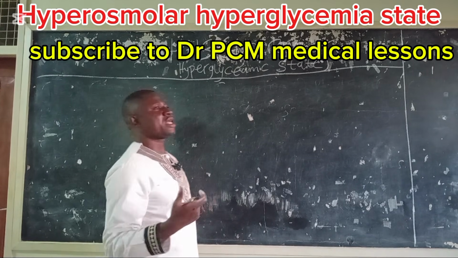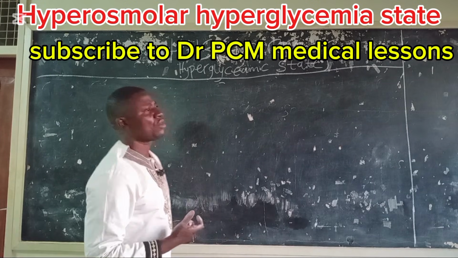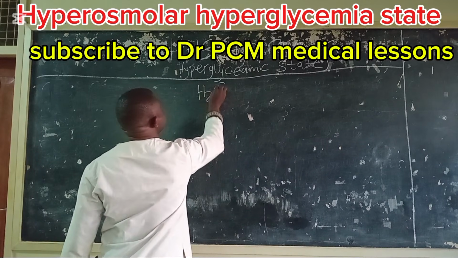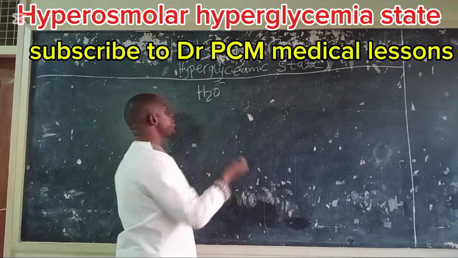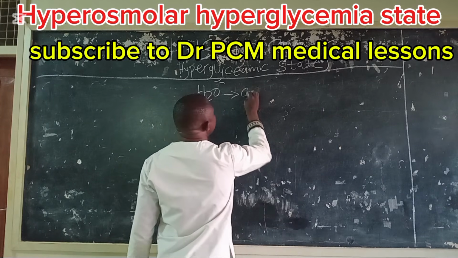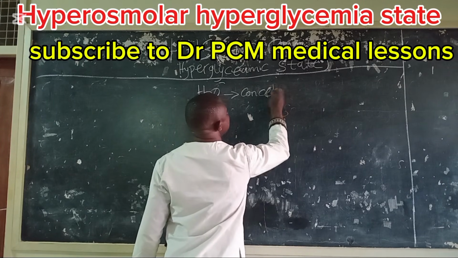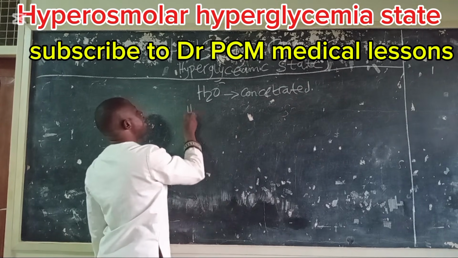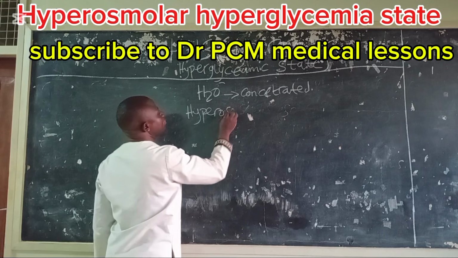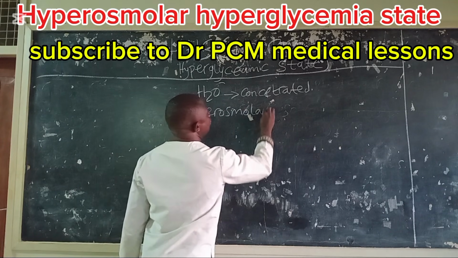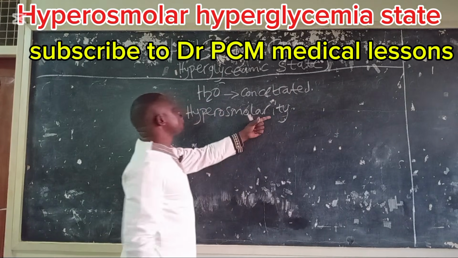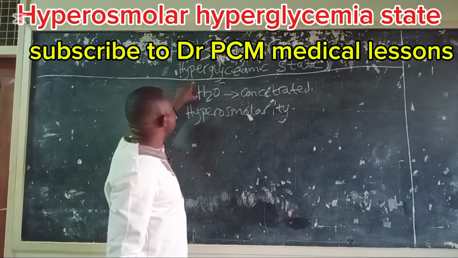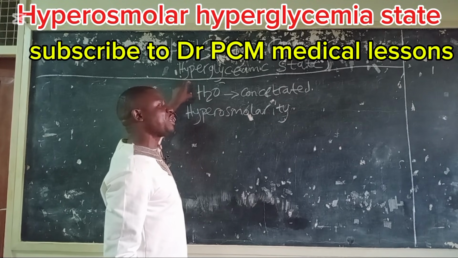So this is like an NB. Losing a lot of water will leave the blood concentrated, and this condition is called hyperosmolarity, whereby the blood is too much concentrated.